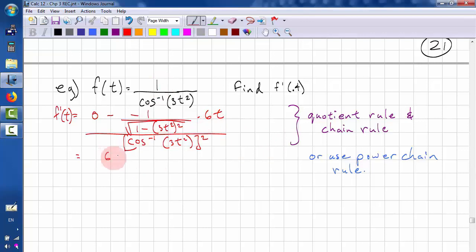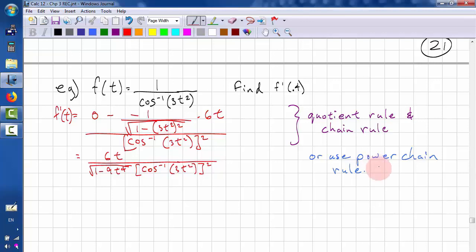Simplify, we have 6t over square root 1 minus 9t to the power of 4 multiplied by inverse cos 3t squared, all squared.